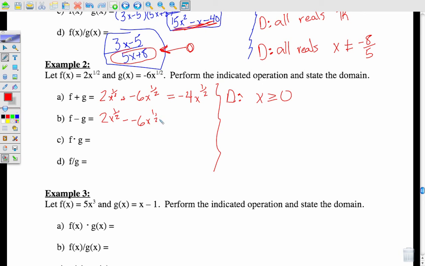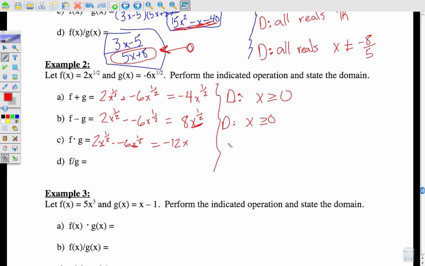Subtracting these just means I got to switch the sign in between here. Combining like terms, I will get 8x to the 1/2. Same concept, your domain here, your x would have to be greater than or equal to 0 because of this x to the 1/2. Can't have negative numbers. Multiplying these, 2x to the 1/2 times negative 6x to the 1/2. I'm going to multiply those numbers to get negative 12.